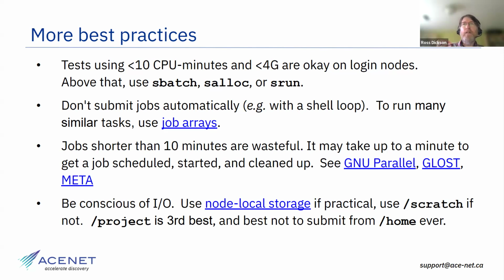The scheduler is tuned to expect human beings to be submitting jobs rather than machines, so it's easy to overload it that way. If you have a lot of little things to run, which is an entirely ordinary and acceptable use case, then look into something called job arrays. We didn't have time to get into them here in this 90-minute session, but there's documentation there.